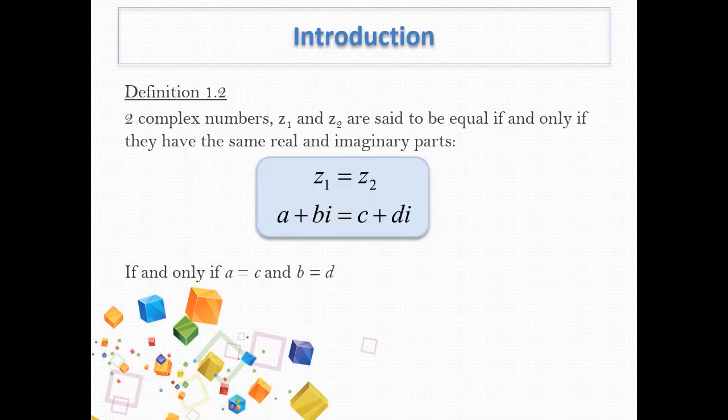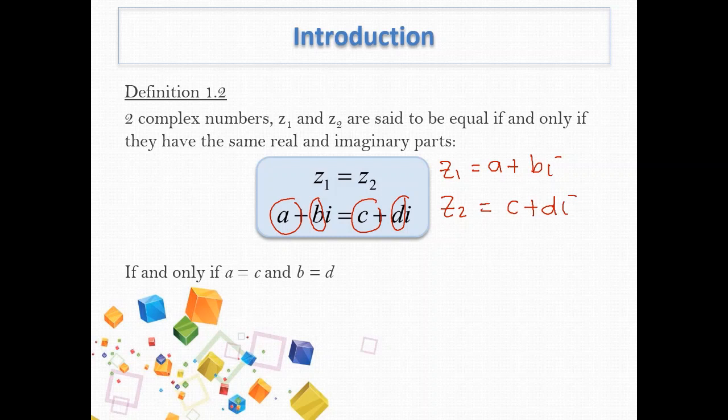Now, let's say if we have two complex numbers and we want to compare them, we can say that z1 is equal to z2 whenever a is equal to c and b is equal to d. So let's say your z1 is a plus bi, and you have another complex number denoted as z2, equal to c plus di.